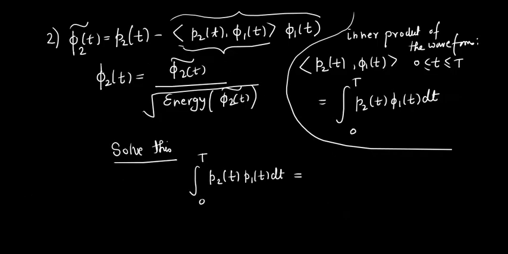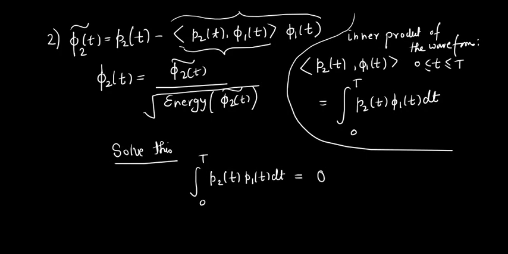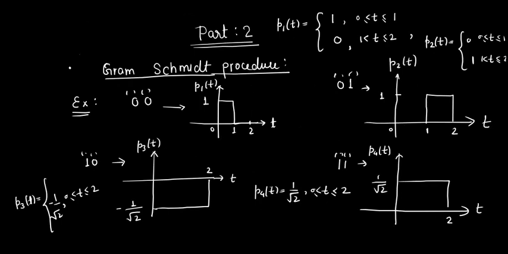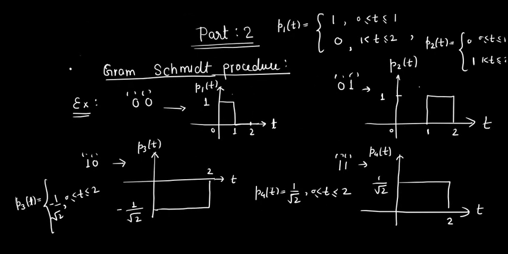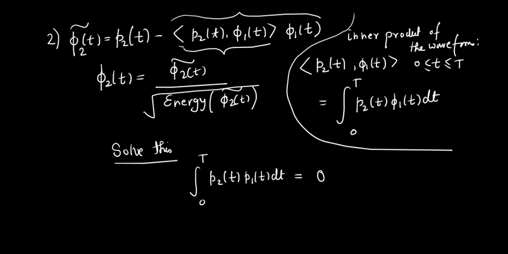There is nothing, this is 0, right? So, luckily or coincidentally it is 0, it means P2T has no projection over P1T. If you multiply these two, what would happen? 0, the product of these two will be 0, therefore, I have written it as 0.